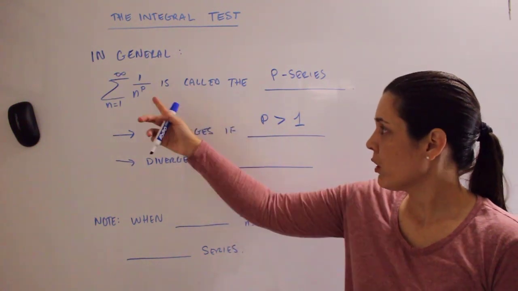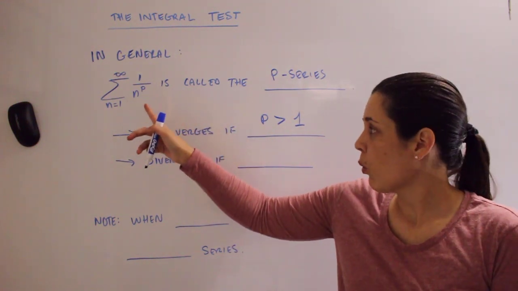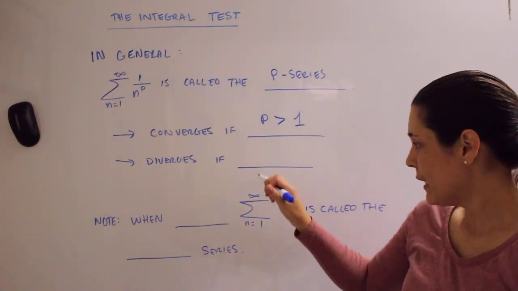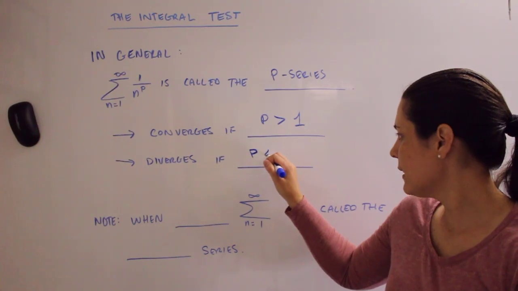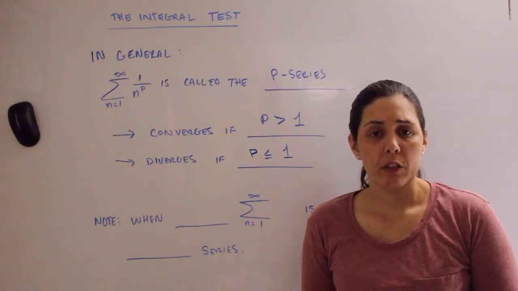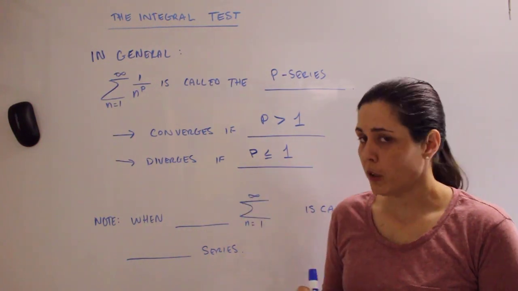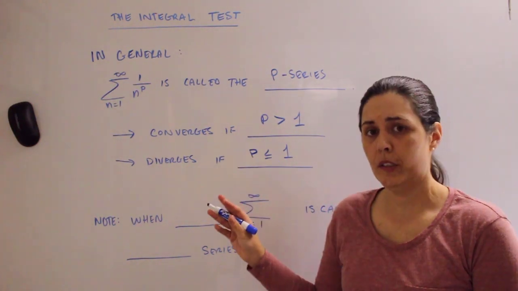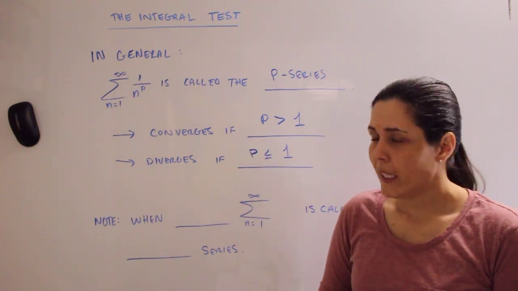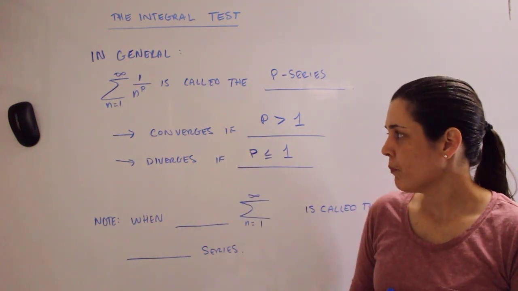So if p is 300 or some other number bigger than 1, it converges. It diverges if p is less than or equal to 1. Your book does go into a nice proof and an example for this if you are interested in how we got those two pieces of information.